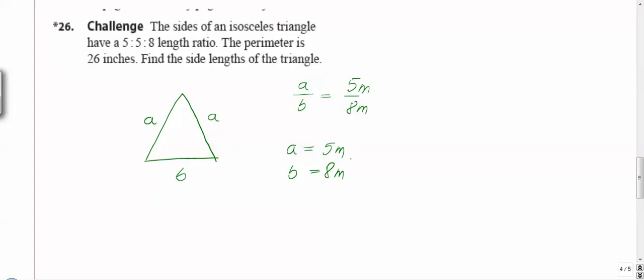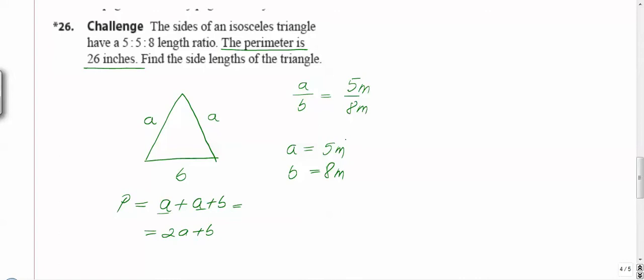How is that going to help me? Well, the next fact that the problem is giving you is that the perimeter of this triangle is 26 inches. And how do you find the perimeter? The perimeter of a triangle is the sum of all its sides, and in this case will be A plus A plus B, which equals what? Well, A plus A is 2A plus B.